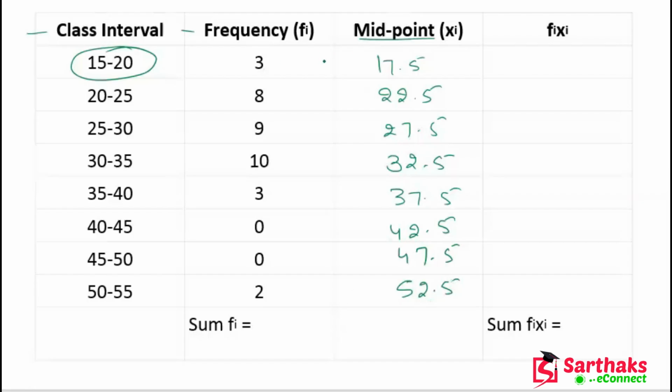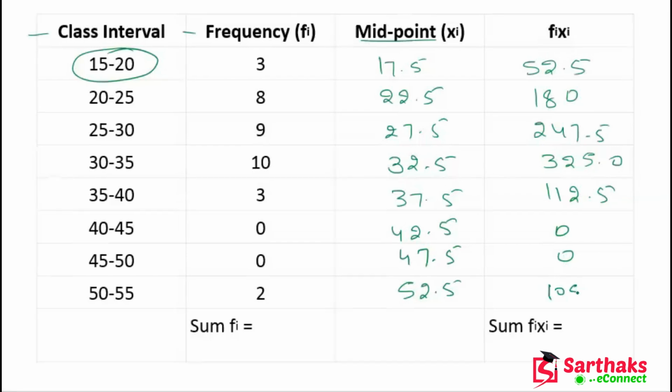Okay, now we have to find fixi, so we get 52.5, 180, and this will become 247.5. This is 325.0, and this is 112.5. This is 0, 0, and this will become 105.